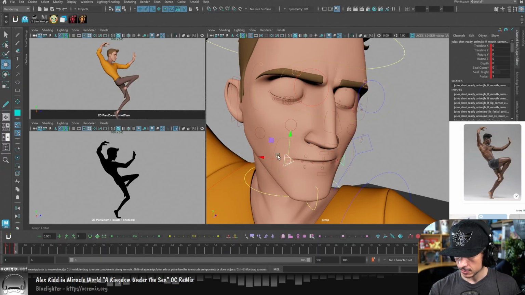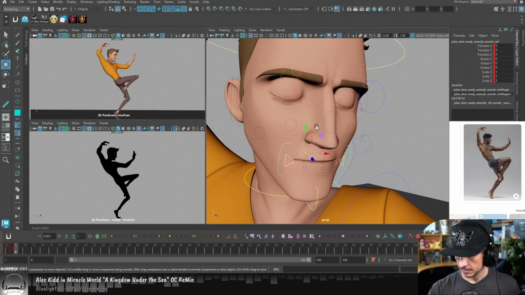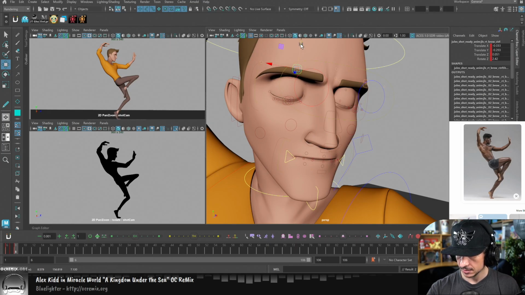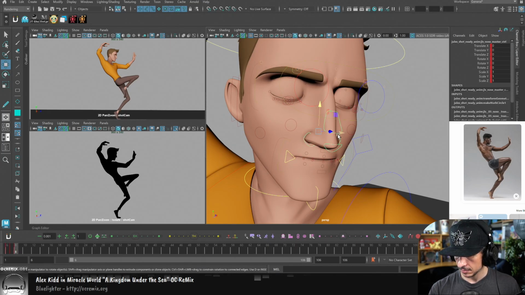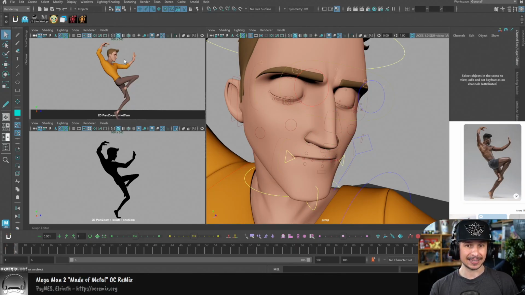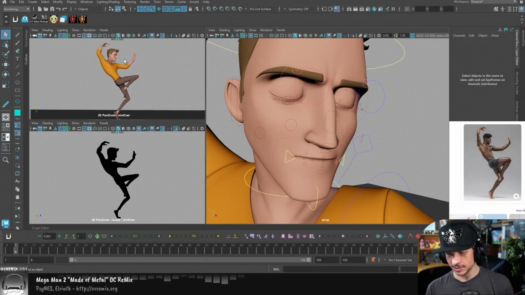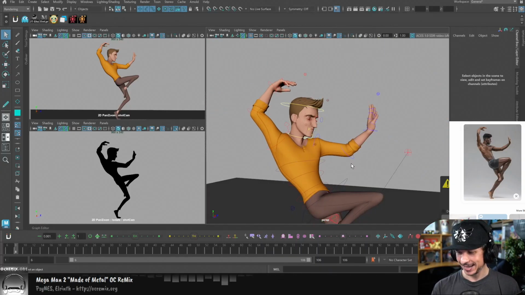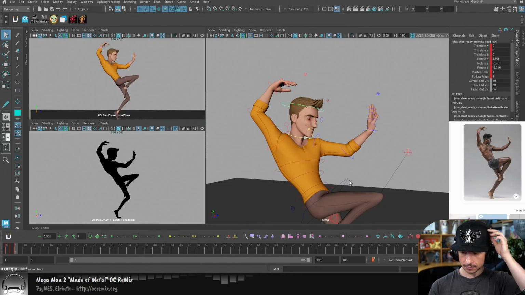Maybe his mouth corners will come in slightly, and then the whole mouth will come up. It's not much. I'm not going for a super complex expression here. But it's just enough that when I look at his face, I'm not seeing a dead fish looking character in place. Okay, cool. So, super quick facial pose there.